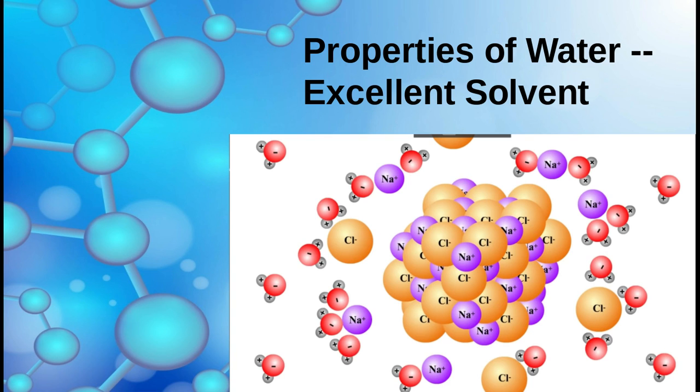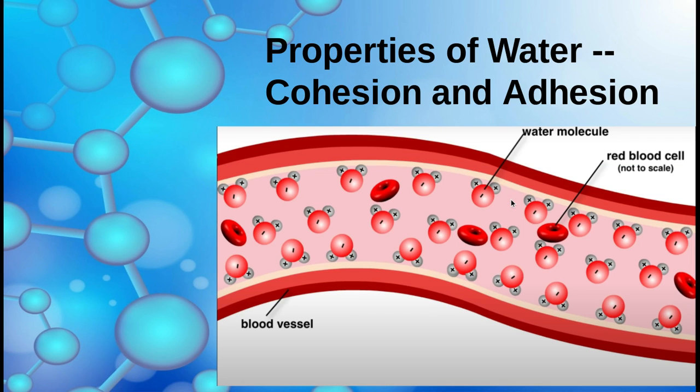Now, when talking about cohesion and adhesion, what we're really talking about is the ability for water to stick to water. That's cohesion. Water sticking to water, that's cohesion. So I'm going to draw a line right there. This is all cohesion right there. But if you notice this, water along the edge of the blood vessel here, that's going to be adhesion.